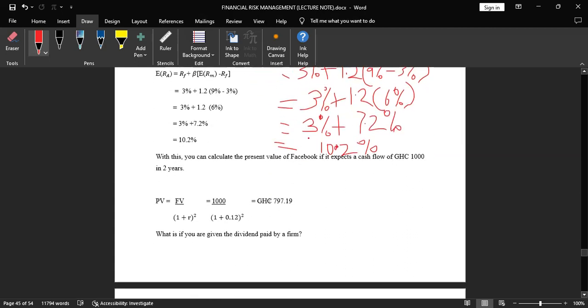Now this expected return is the same as the interest rate, the same as the cost of capital. So we can give a further question. With this, you can be asked to calculate present value, if you have done business math.